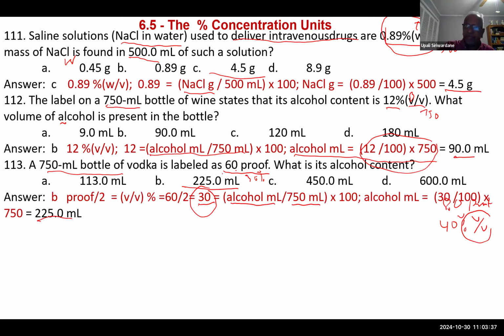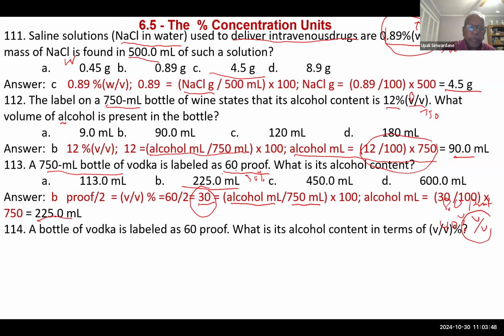All these questions are looking for a concentration unit and finding out the unknown from the problem. A bottle of vodka is labeled 60 proof. What is the alcohol content? Can you answer that question? 60 proof means half of that is the volume by volume percentage.